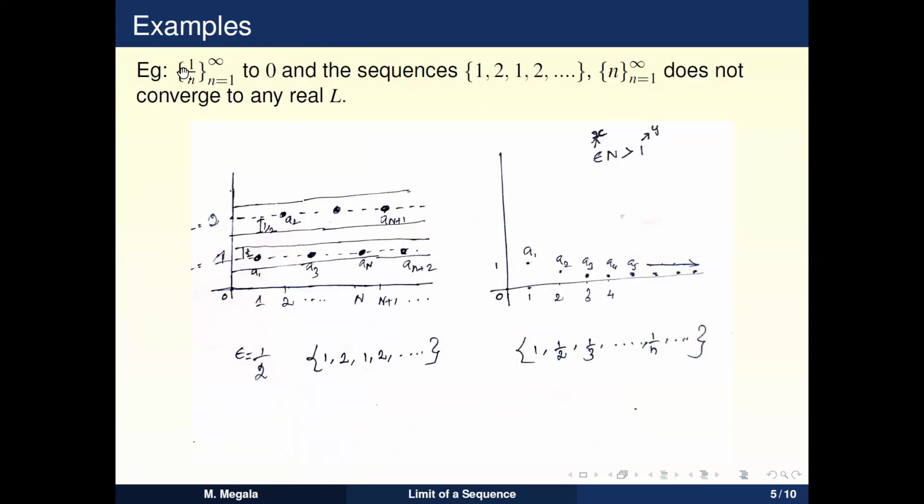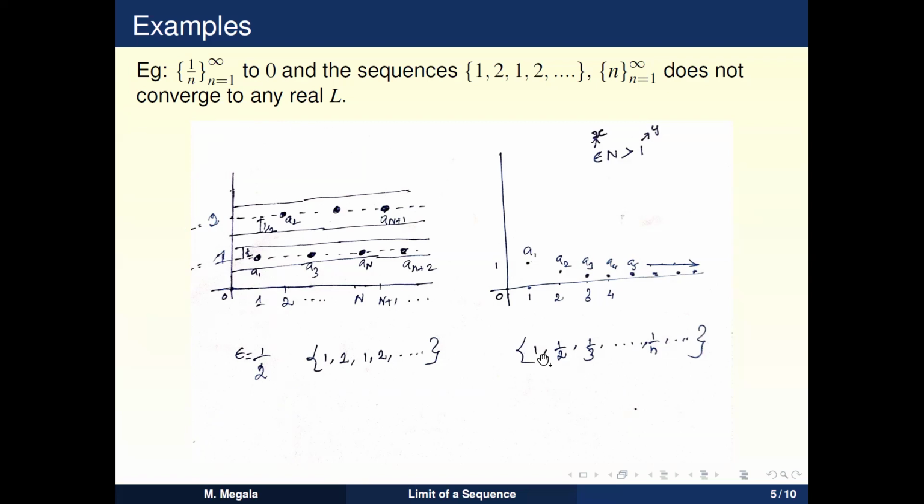Okay, now we'll give some examples. The sequence 1 by n, n equal to 1 to infinity, converges to 0. And the sequence n does not converge to any real number. We'll see through the graph how it is happening. See, in the 1 by n sequence, a1 is 1, a2 is 1 by 2, a3 is 1 by 3, an is 1 by n.